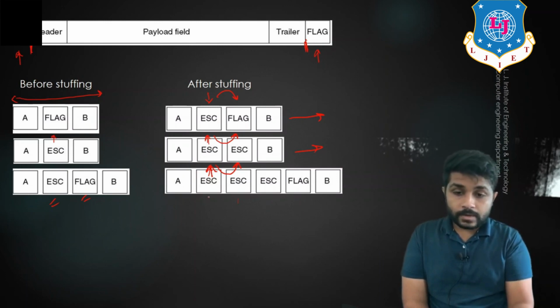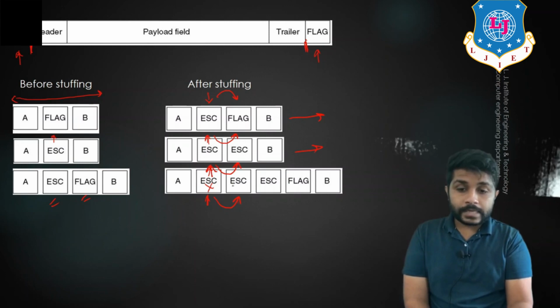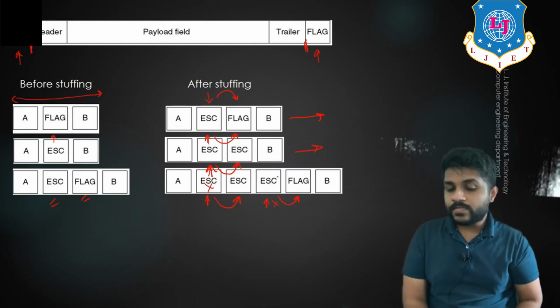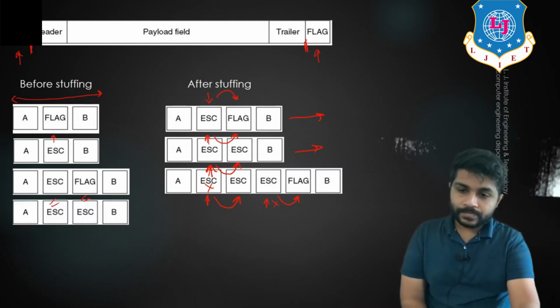So when the receiver encounters the first escape character, it will discard it and keep the data after that escape character as a part of the frame. When the receiver detects one more escape character, it will discard it and keep the data after it as a part of the frame. Okay, so this is how the framing method works.